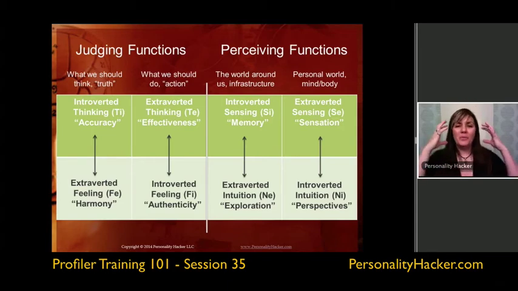So really, doing and thinking will get you to the thing that you really believe is important. If it's accuracy harmony, it's fundamentally what we believe or what we think, truth. And if you're effectiveness authenticity, the right thinking will get you to the right action. So that's really what those polarities are looking at. And so being sensitive to how people's processes are showing up, being sensitive to what they think is the important thing.